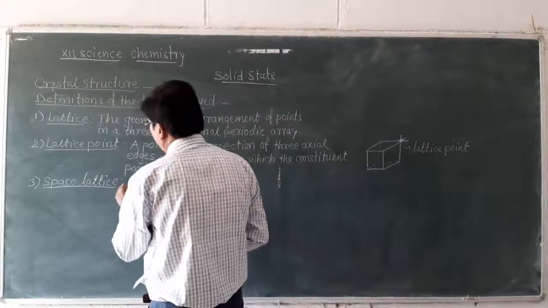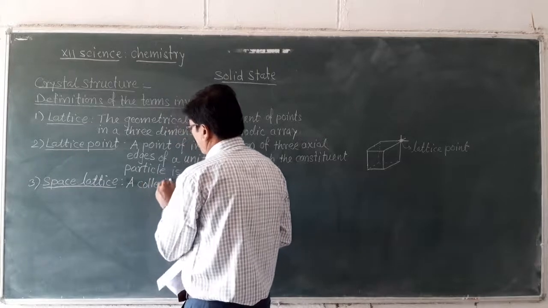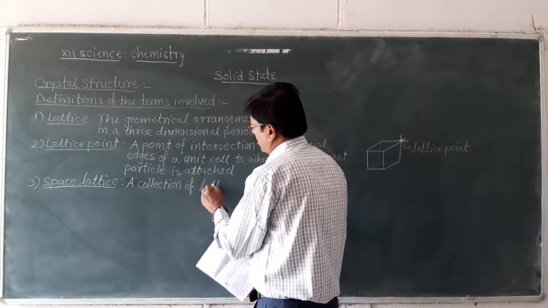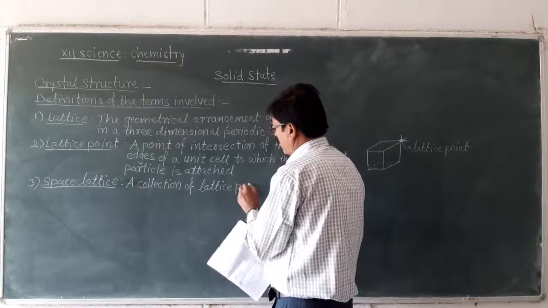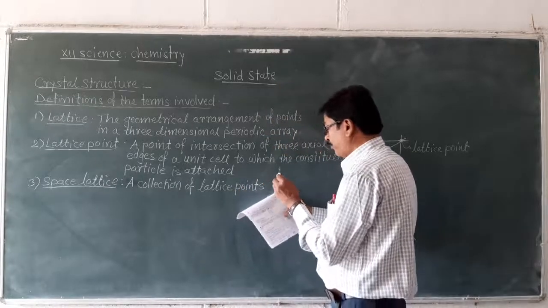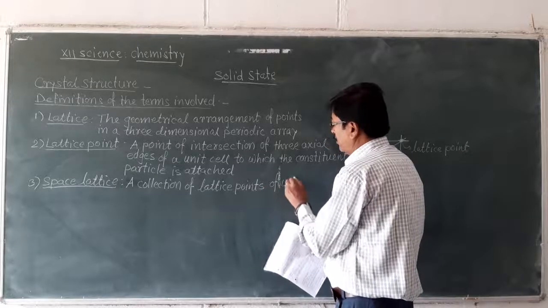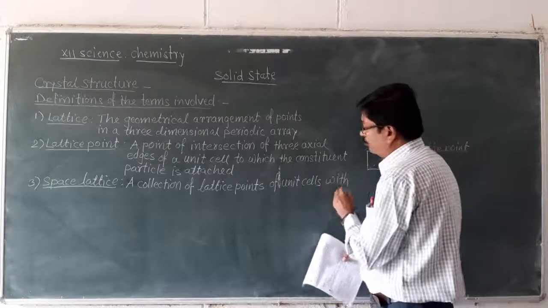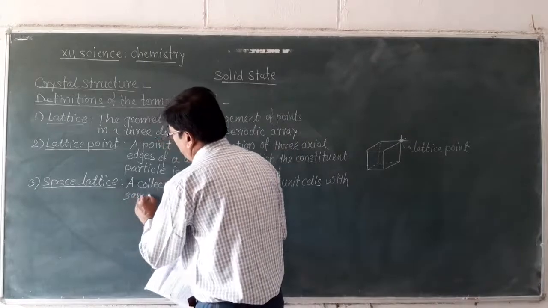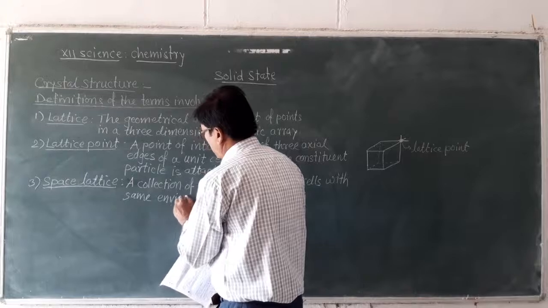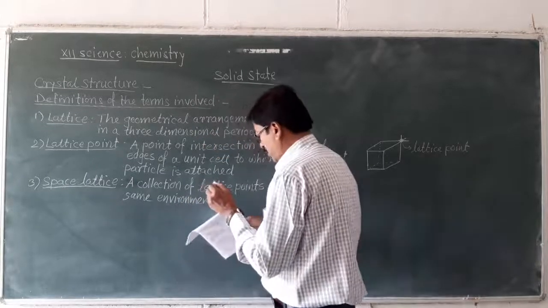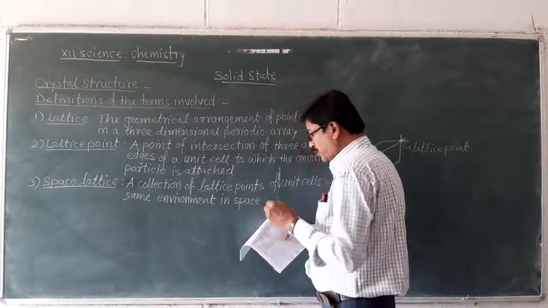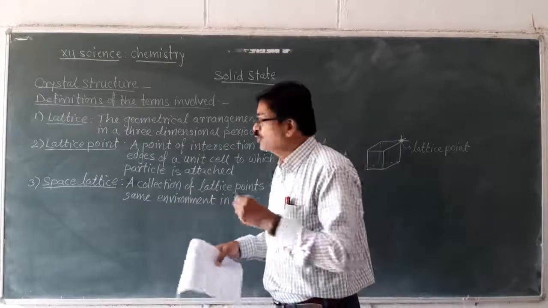A collection of lattice points of unit cells with the same environment in space is called crystal space lattice or also crystal lattice.